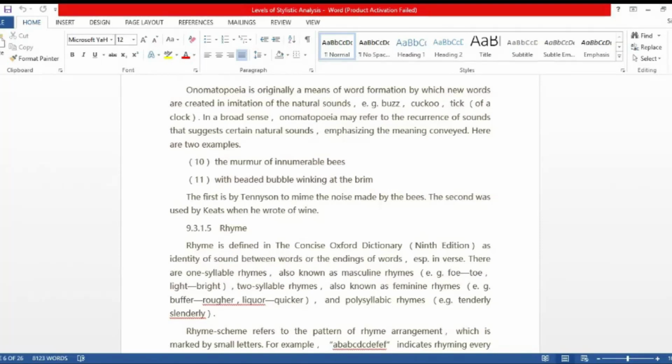All these words, and also the chattering of teeth, when our teeth collide with one another and a chattering sound is produced, are words that we have coined from natural sounds. When these are used a lot in poetic work, we have to be sensitive to them.